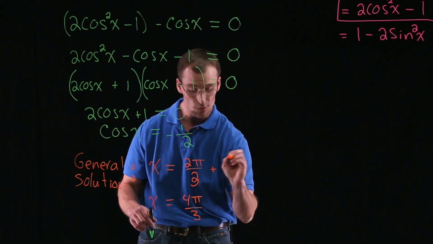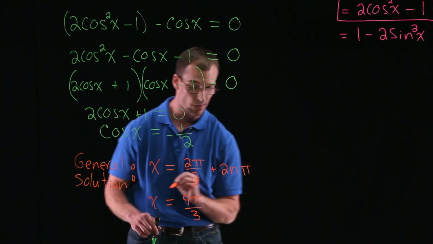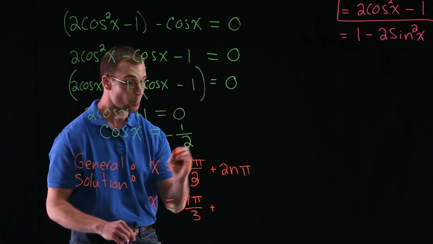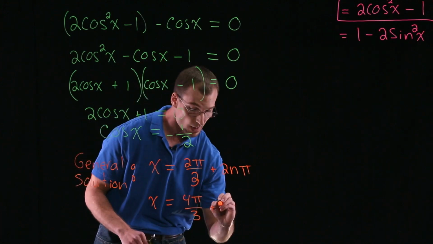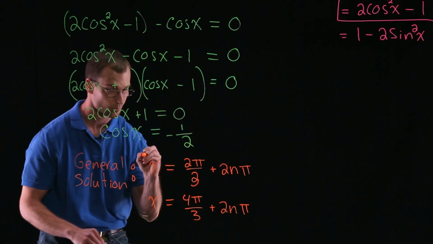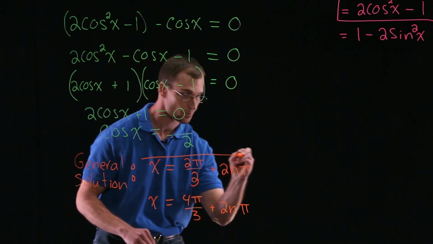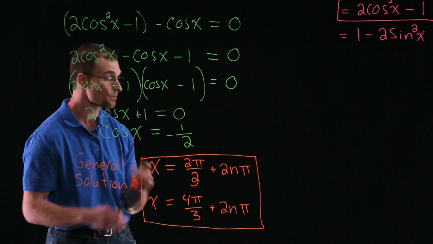So adding on all multiples of 2 pi, namely written as 2n pi. So 2 pi over 3 plus 2n pi, where n is some positive or negative whole number, and 4 pi over 3 plus 2n pi. So our first set of general solutions is right here.